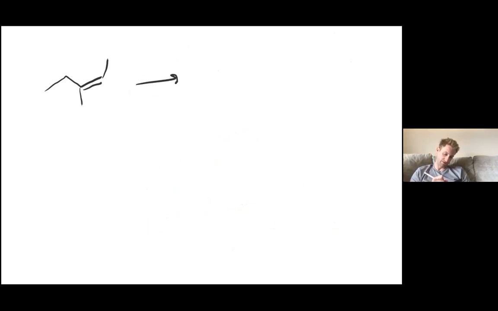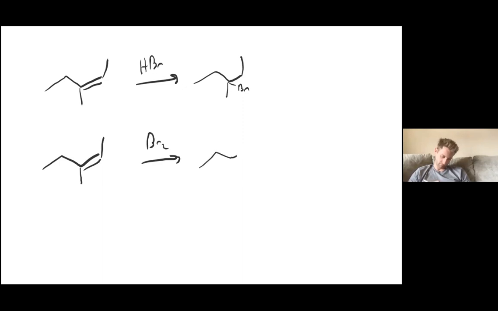Adding in just HBr, we do a single bromination at this position. Adding in Br2, it's going to do a dibromination. Dibrominations are always anti.